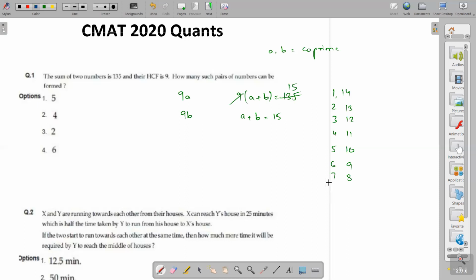After this, the cases will repeat, so I'll not write that. 1 and 14 are co-primes, 2 and 13 are co-prime, 3 and 12 are not co-prime, they have a common prime, which is 3. 4 and 11 is again co-prime. 5 and 10 is not co-prime. 6 and 9 is not co-prime. 7 and 8 is co-prime. So the answer will be 1, 2, 3, 4. 4 is the answer of this question.